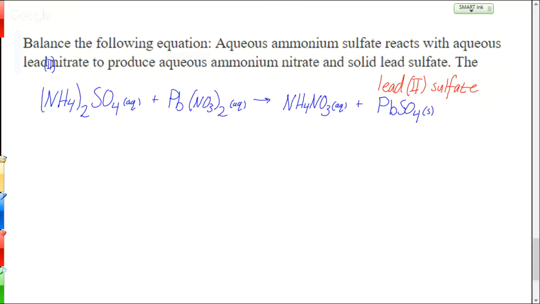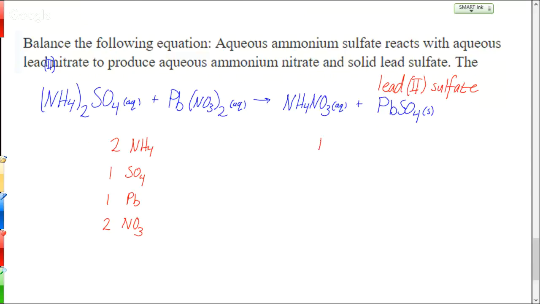So we can say on this side we have 2 ammoniums and we have 1 sulfate and 1 lead and 2 nitrates, rather than saying we have 4 N's and 10 O's, which could get a little bit confusing. It'll still work if you do it that way. It just might take a little longer to balance.